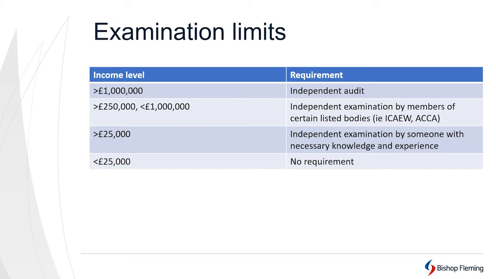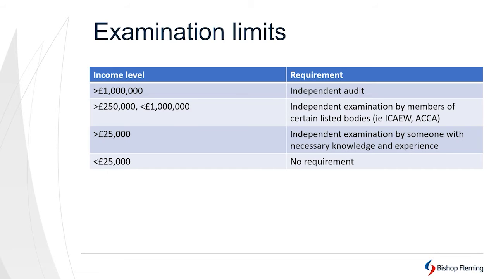That means engaging an independent firm of auditors, such as Bishop Fleming or another firm, to certify the numbers, completing audit testing, looking at balances, ticking off invoices, looking at how the charity runs, and signing off an audit report at the end of the year. That's probably the highest level of assurance we have.